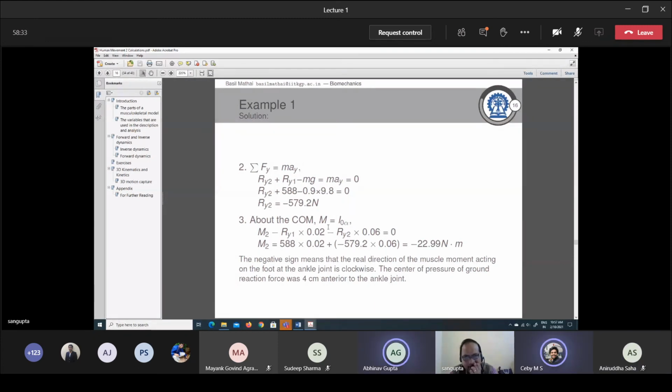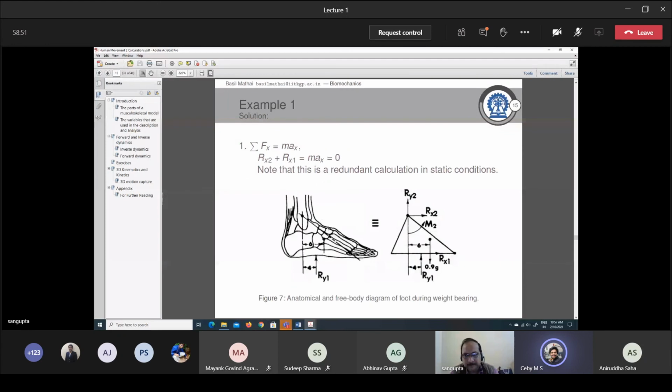Sir, I think there is a step missing, because in the first figure they have only mentioned Ry, the ground reaction force, as a normal force. So the Rx component at the contact between foot and ground is 0.